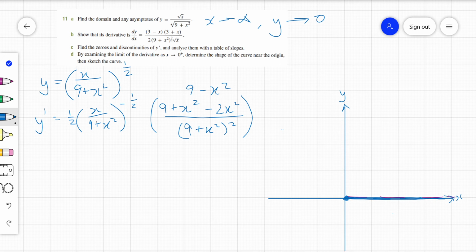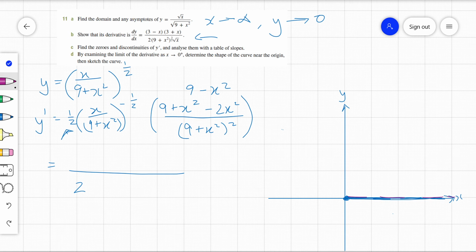Alright, let's see what we've got then here. So what did we want? We want it to look like this. You can see I've got the 2 on the bottom already, so that's great, using that 2 there. So I've got the 1 on 2. We need a 9 plus x squared, and if you think about it, this 9 plus x squared here is to the power of negative a half.